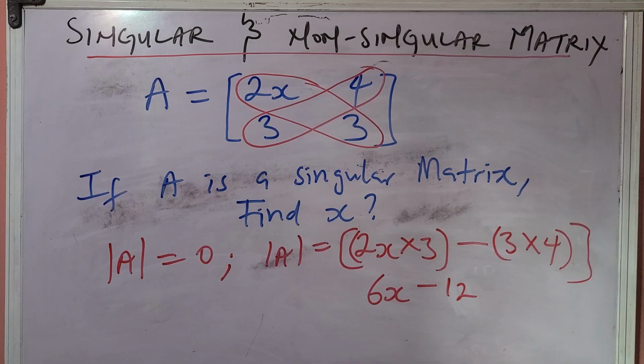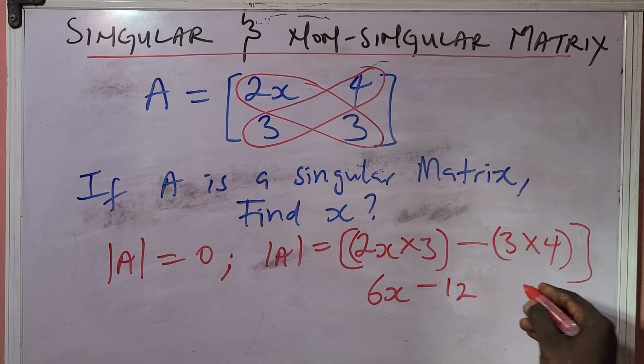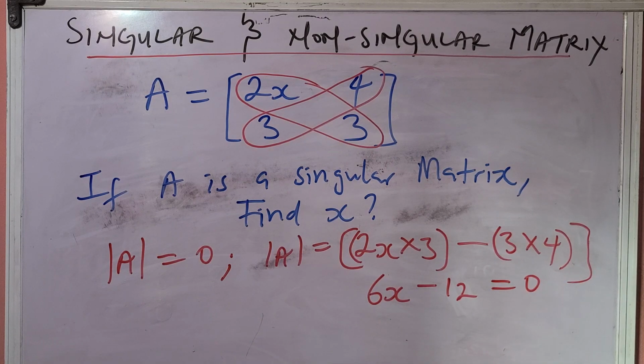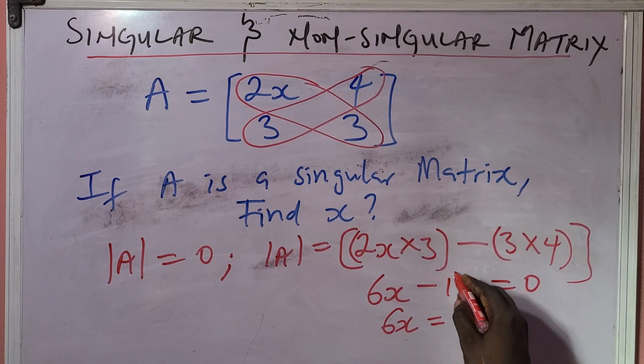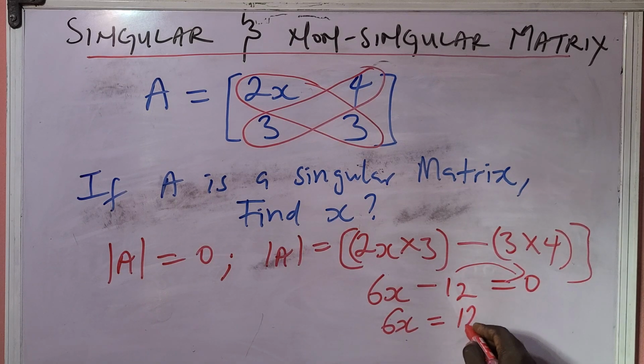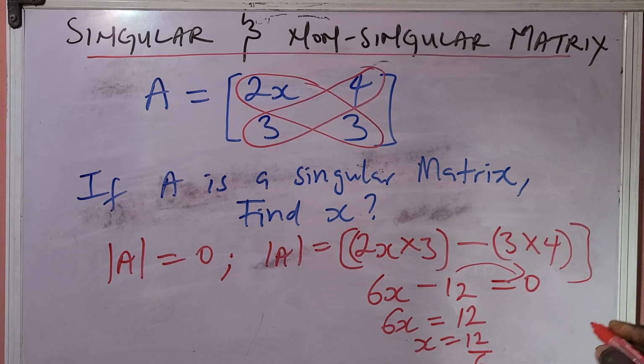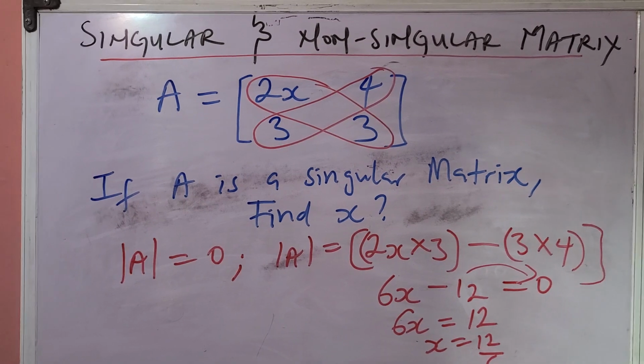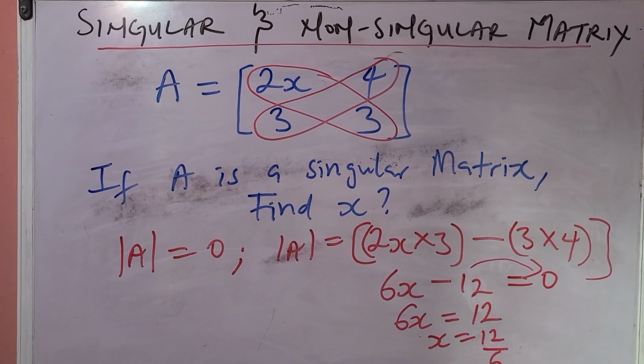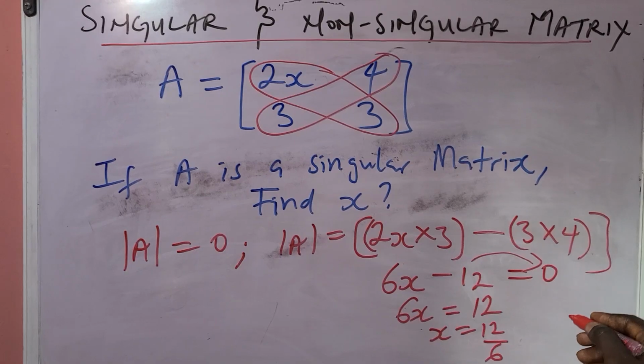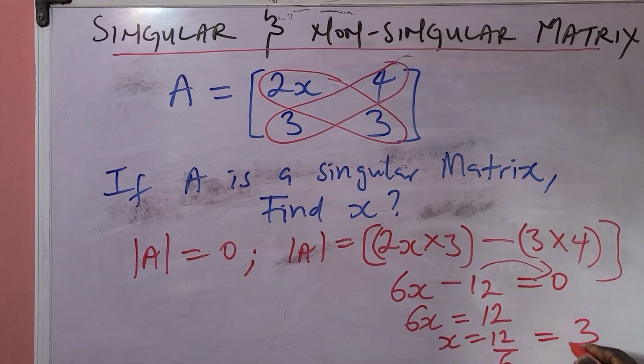Now don't forget that they told you that the determinant is 0. Of course, as they told you that the matrix is a singular matrix, that was the implication. So you need to go on now to equate this to 0. And this will mean that 6x will be equal to 12. Obviously, our x will be equal to 12 over 6, and from there, we would have our x being 3.